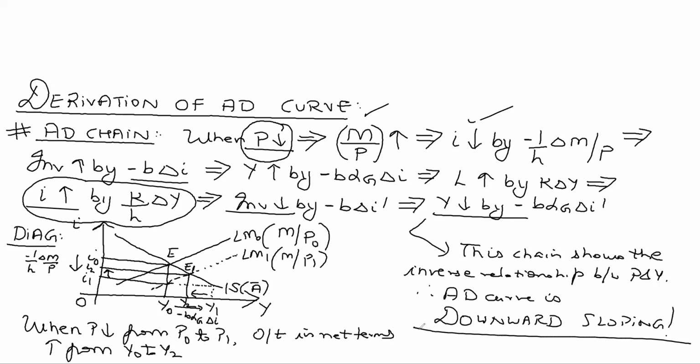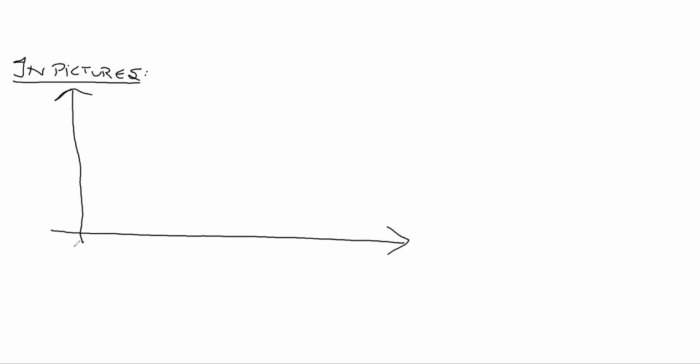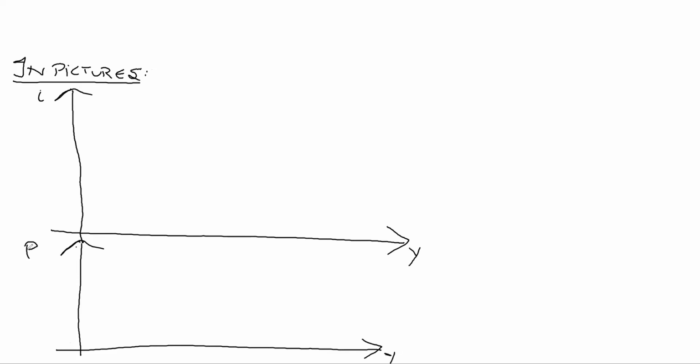So if I draw a bigger diagram now, so you can see the bigger diagram. So in pictures, you have Y and I here. We have Y and P here, price.